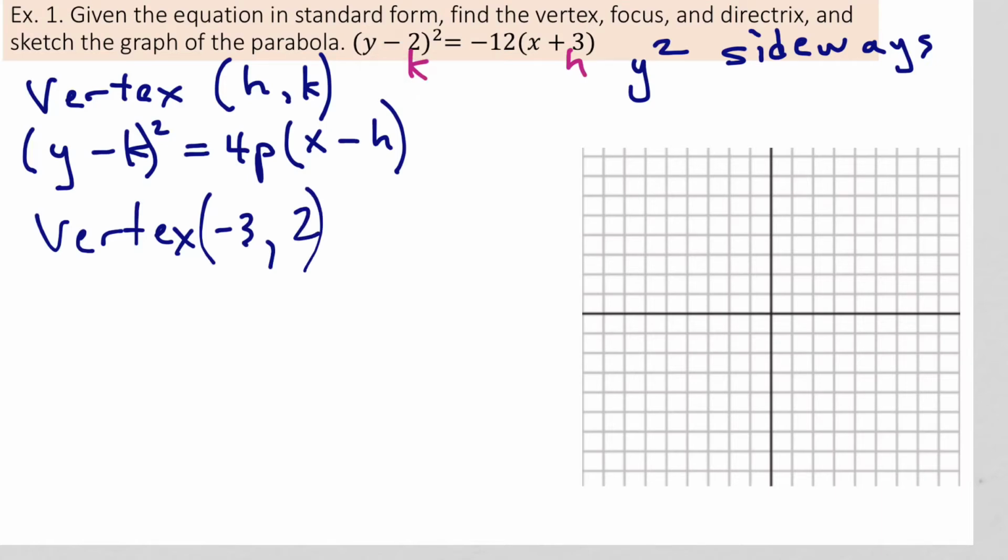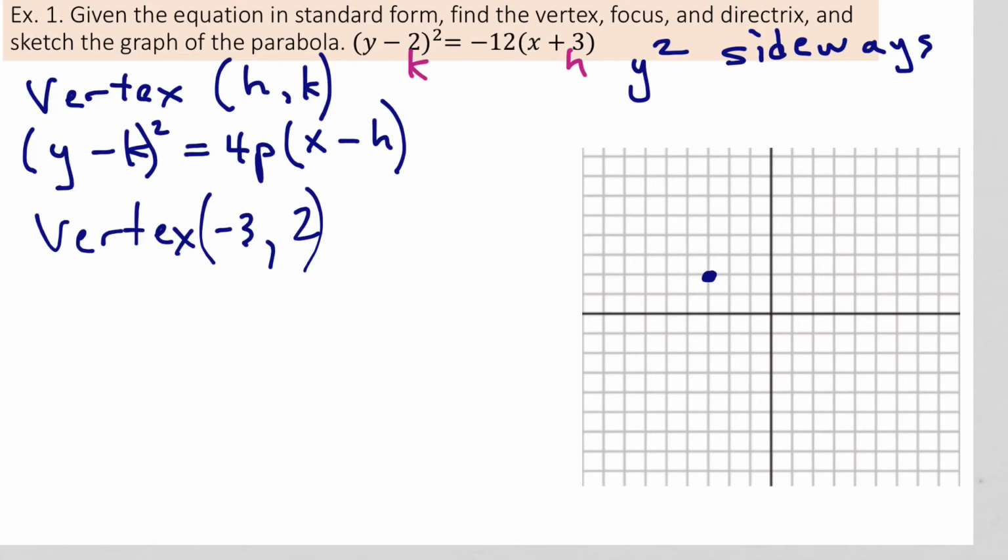You have to remember that you're going to have the opposite sign, and that occurs because you've got negatives in your standard form of the equation. If you test it out, x minus negative 3 is x plus 3, and y minus 2, y minus 2. That should match.